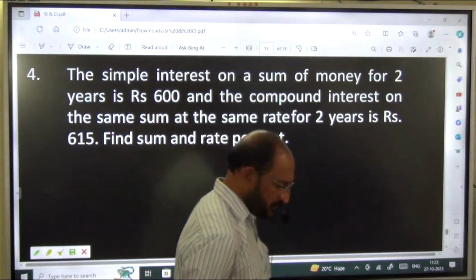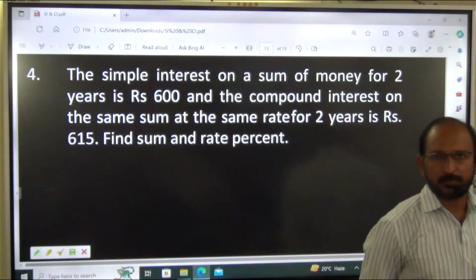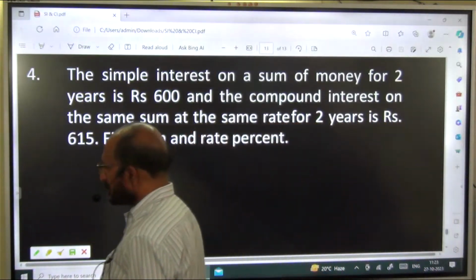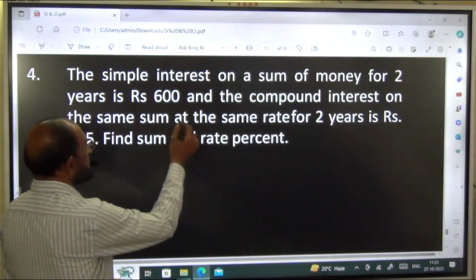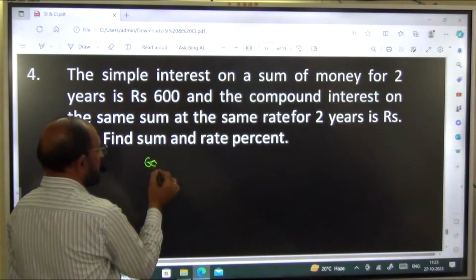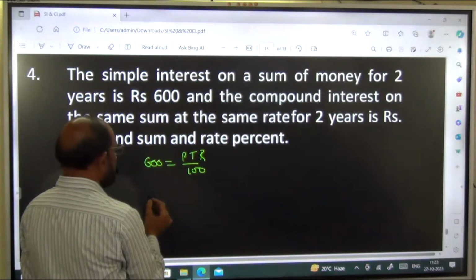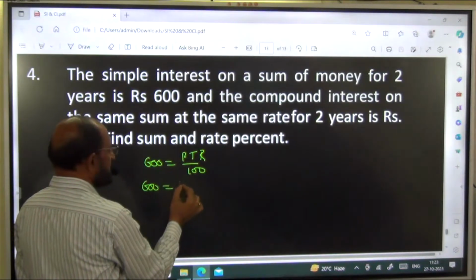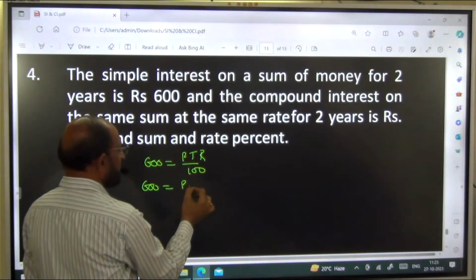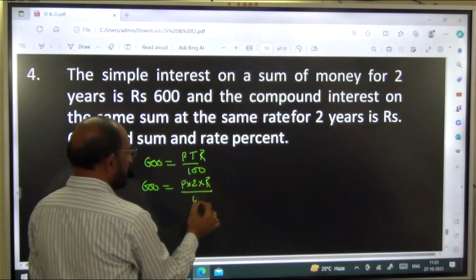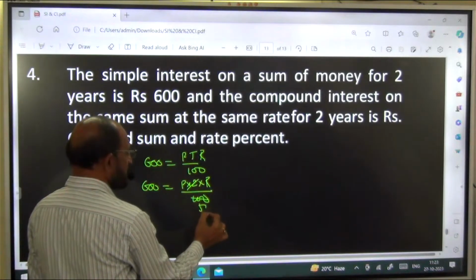How to do that? Try to do. Simple interest is given: 600 is equal to PTR by 100. So 600 is equal to P, we don't know, time 2 years, rate of interest we don't know, by 100. 2 ones, 2 50s.